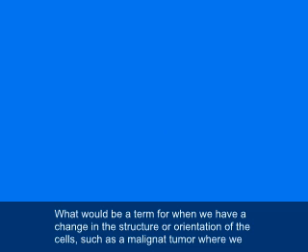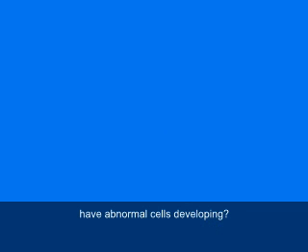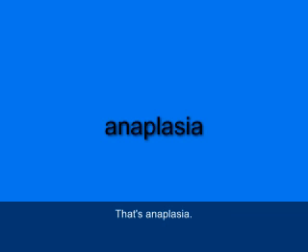What would be a term for when we have a change in the structure or orientation of cells, such as a malignant tumor where we have abnormal cells developing? That's anaplasia.